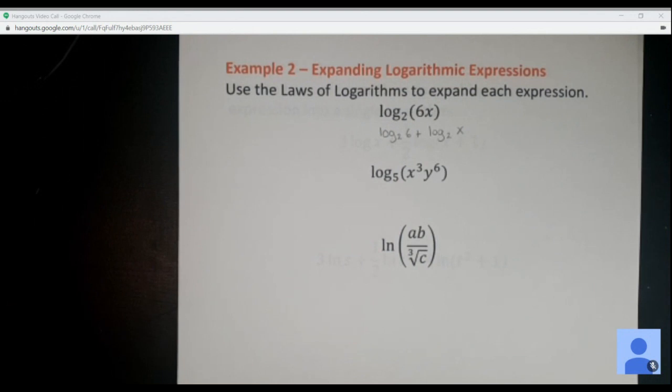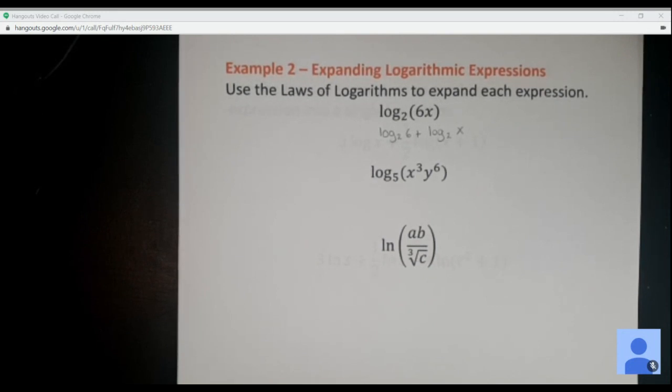All right. If we look at the second one now, what's the first thing we're going to want to do with this? Okay, so overall, we're expanding.